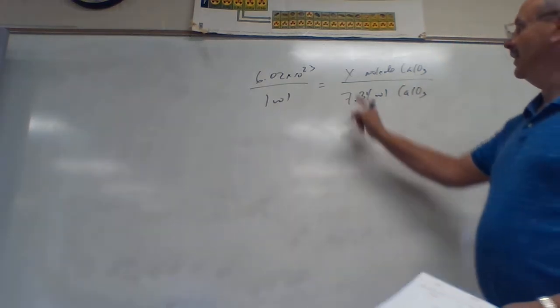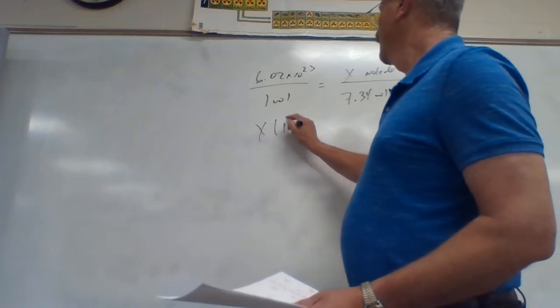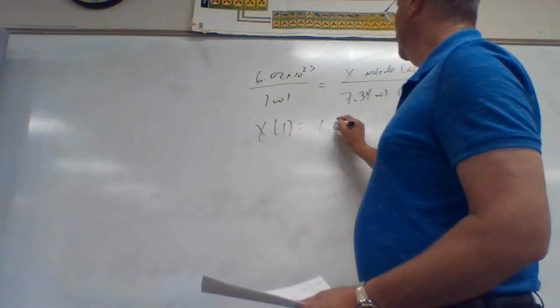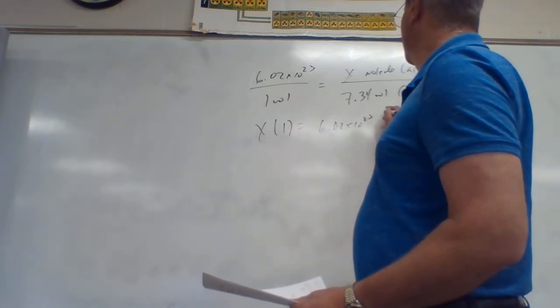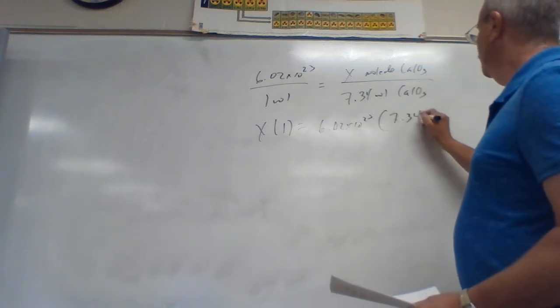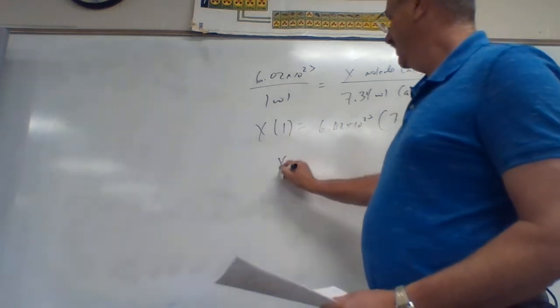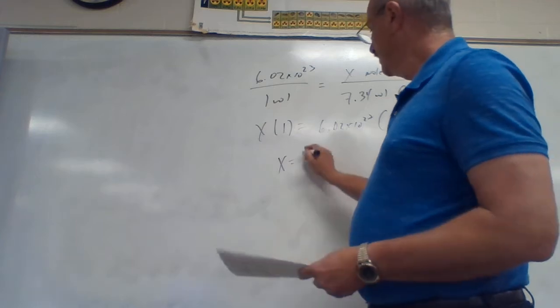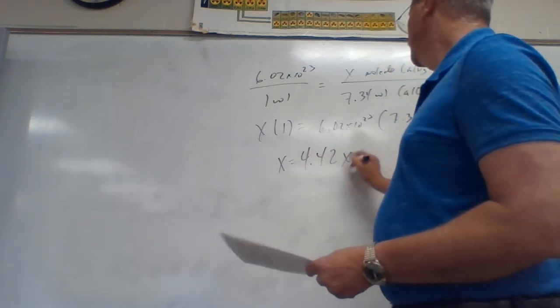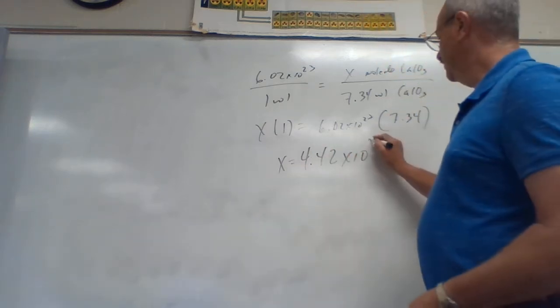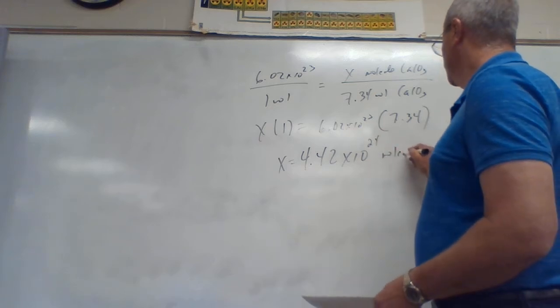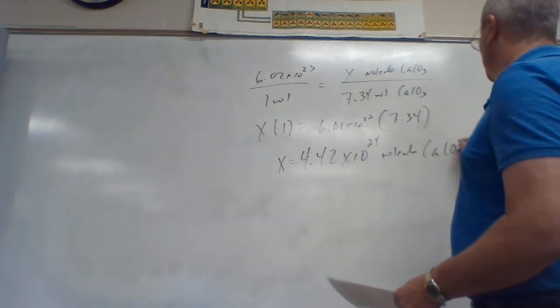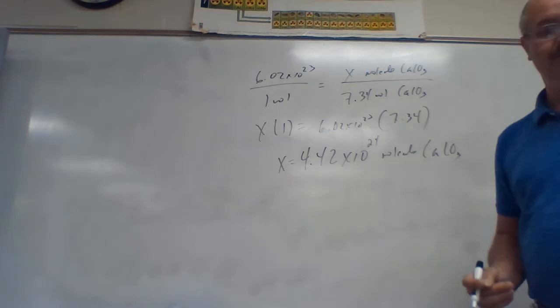So from there, cross multiply X times 1 equals the other way, 6.02 times 10 to the 23rd times the 7.34. If you multiply that out, X ends up equaling 4.42 times 10 to the 24th, and that's molecules of calcium carbonate. That would be the answer for number 3.